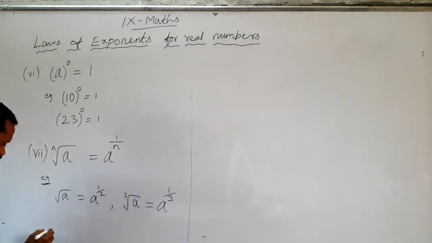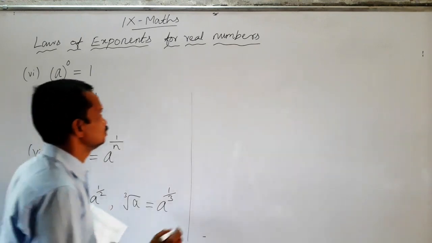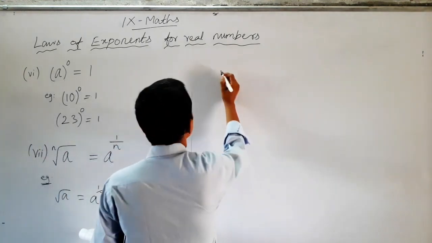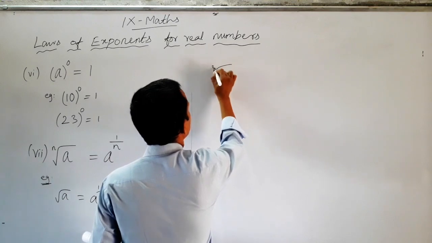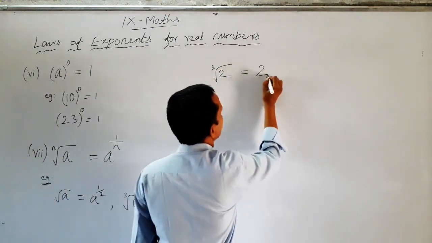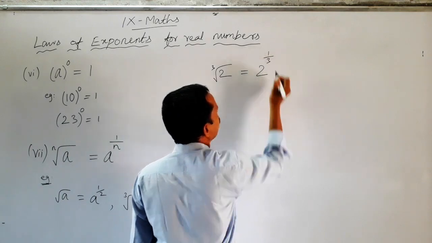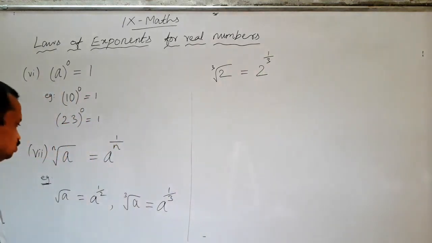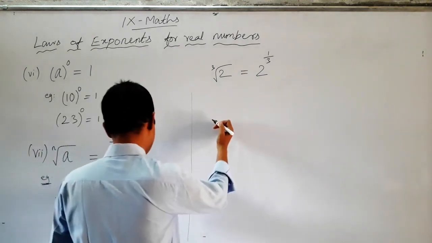If you put numbers, we get examples like this. You see this is the cube root of 2, and you can write this as 2 power 1 by 3. Another example also we can give.